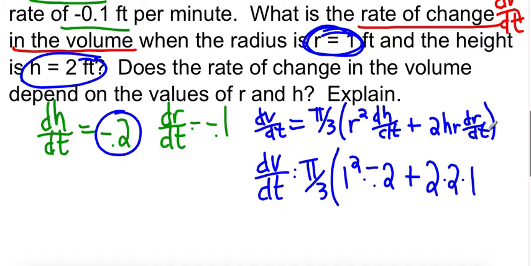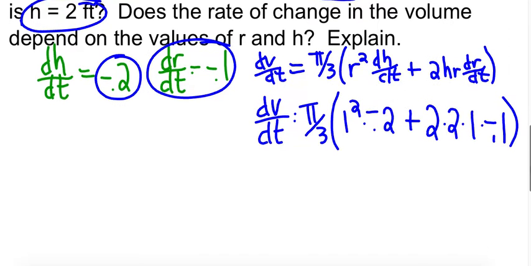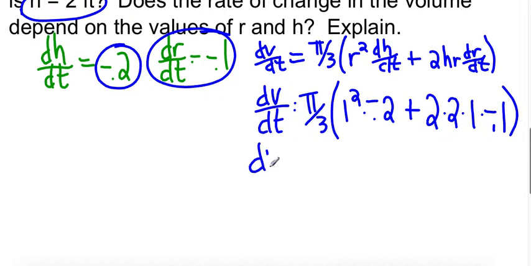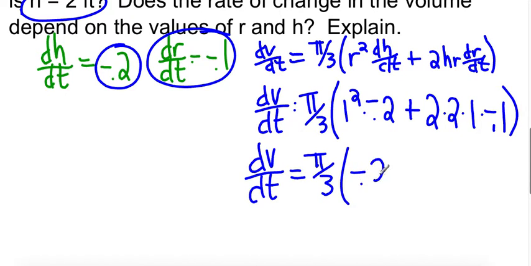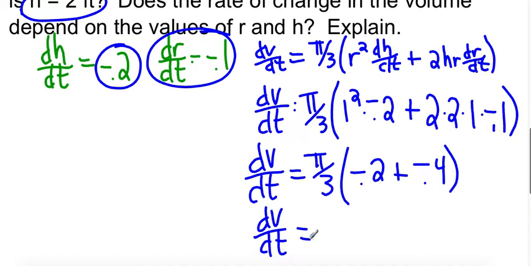And this is dr/dt, which is right here, negative 0.1. So dV/dt is pi over 3 times negative 0.2 plus negative 0.4. You can just put that in your calculator. It's not really necessary to do by hand. So that's going to be negative 0.6 times pi over 3, and when we do that, we get negative 0.63.